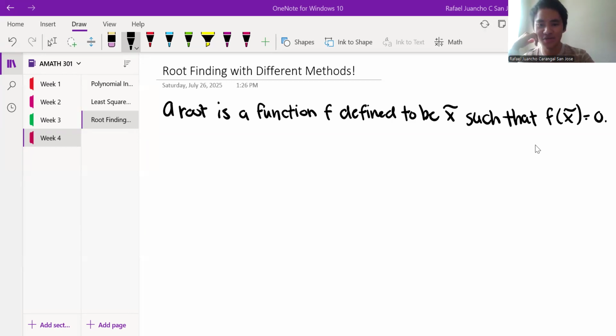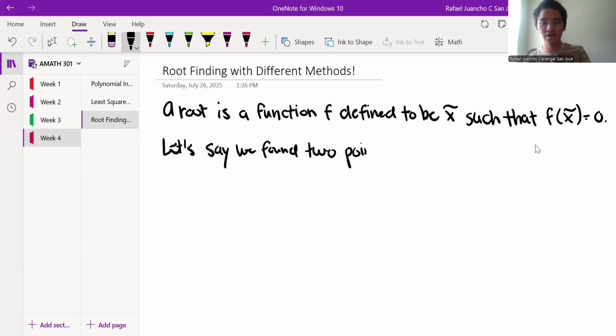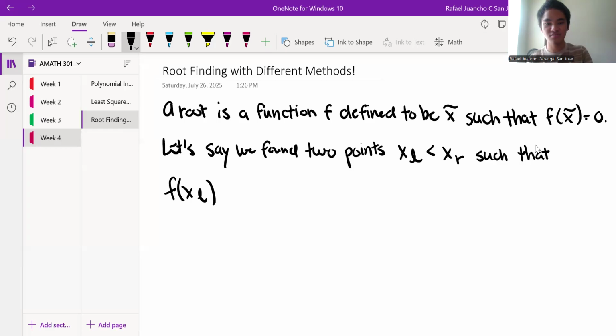So let's say we did find 2 points, and these 2 points are x sub L and x sub R. After doing all of that plotting and plugging in, we say x L is less than x R, such that if we plug these into our function, the two values now have different signs, right?